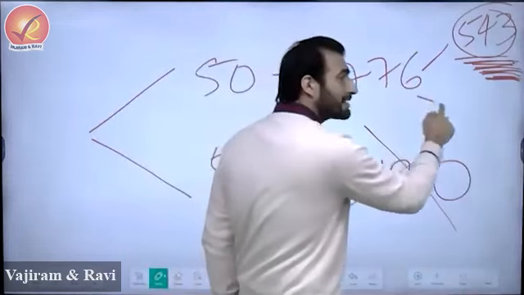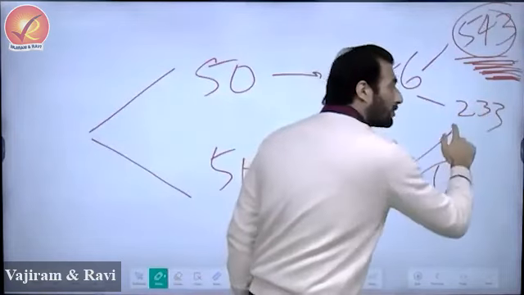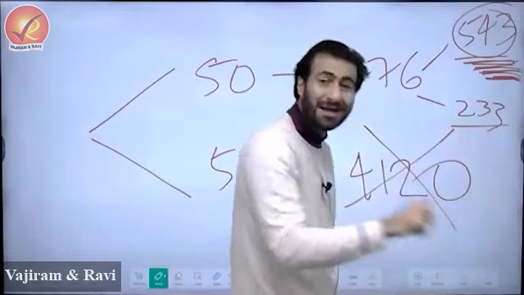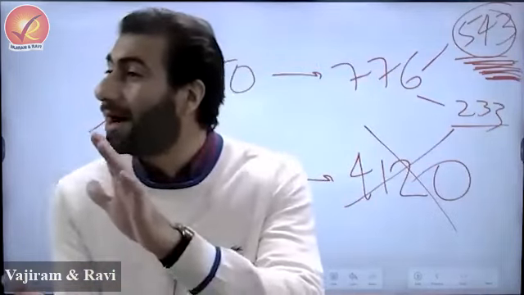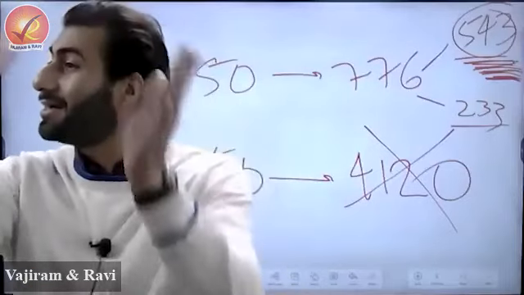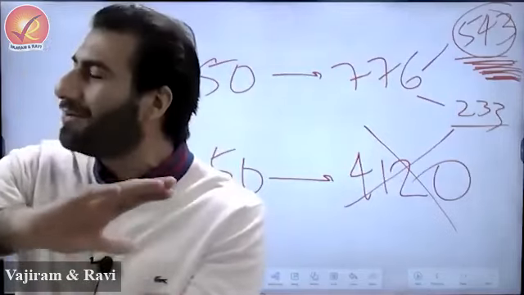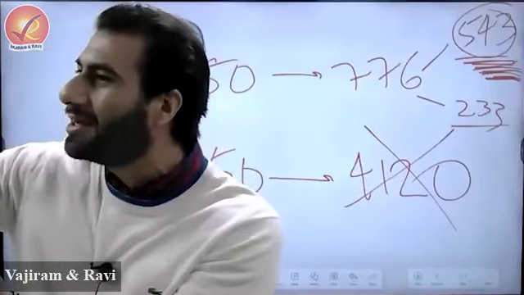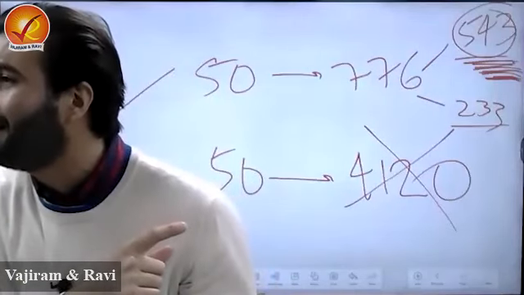You add the seats, I forgot. There is something called the Council of States. Out of 233, they've got another 80, which is not a good number. Usually the party that forms the government at the center, the PM who has got a majority in the Lok Sabha, his party would have a good chunk of seats in the Rajya Sabha also. You add another 80 that BJP NDA has.